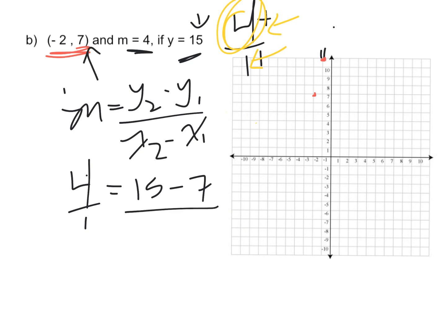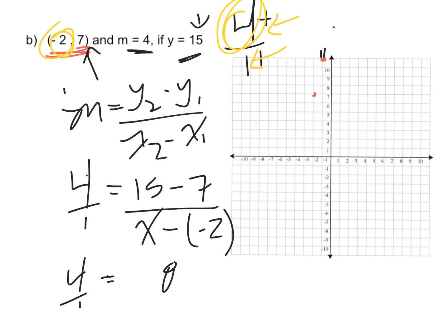Over x2, we do not know x2, so we can write it as just x instead of a question mark, minus negative 2. Mr. Smith, where did you get negative 2 from? Well, it's right there. 15 minus 7 gets me to 8. That's 4 over 1, and a negative and a negative makes a positive, so that's going to be x plus 2.